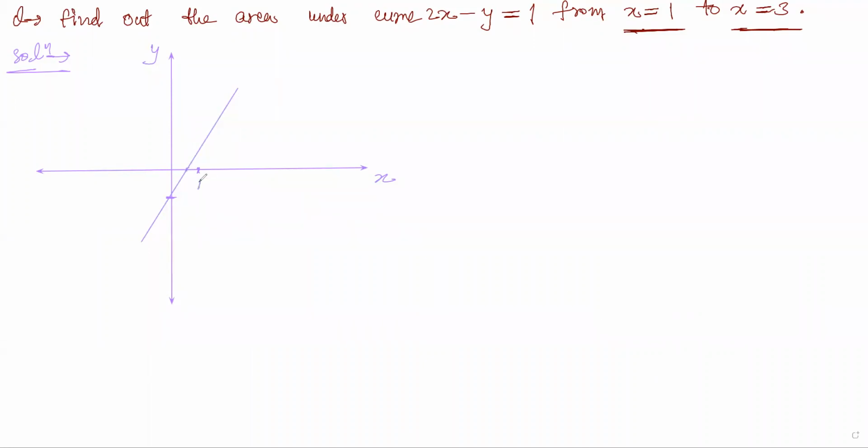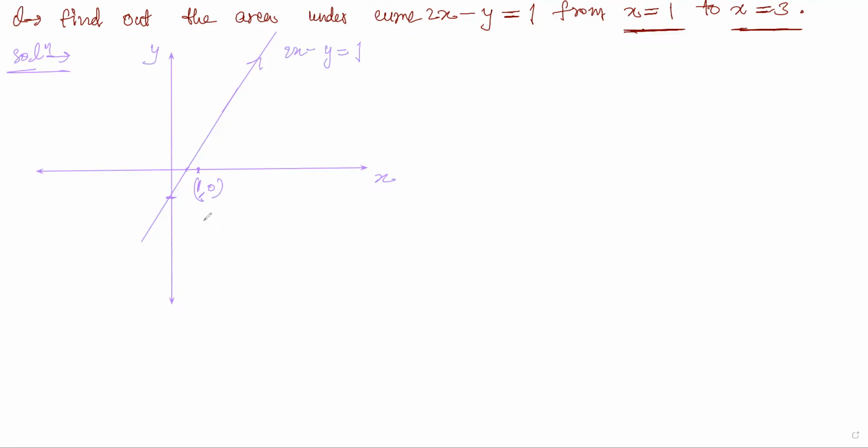So this is the graph of 2x minus y equals 1.